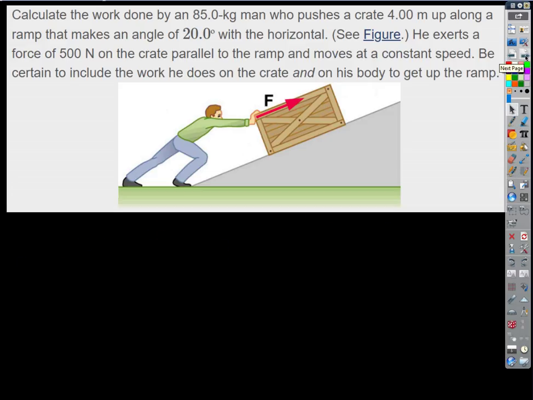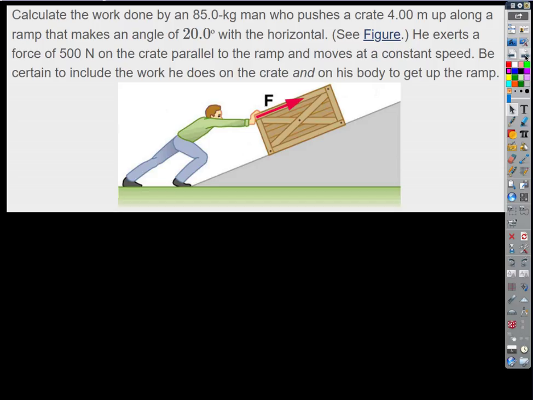Okay, let's look at this example. This poor sap is having to push that crate up that ramp. So what's he got going here? What can you tell me?